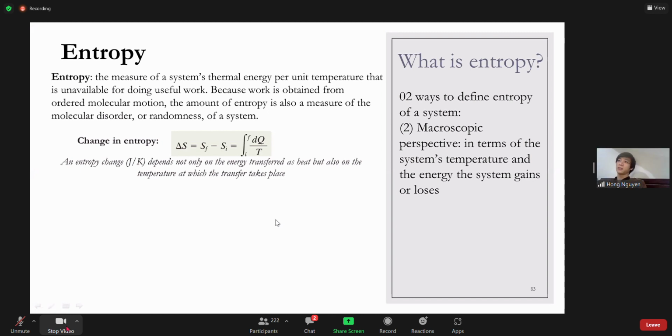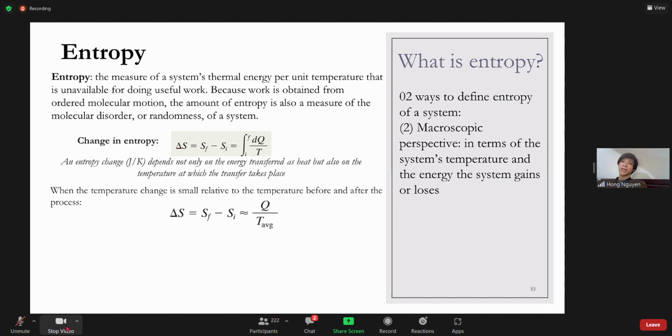Now we continue. Is it okay until here? When the temperature change is very small relative to the temperature before and after the process, then we can rewrite the change in entropy as the heat divided by the average temperature.